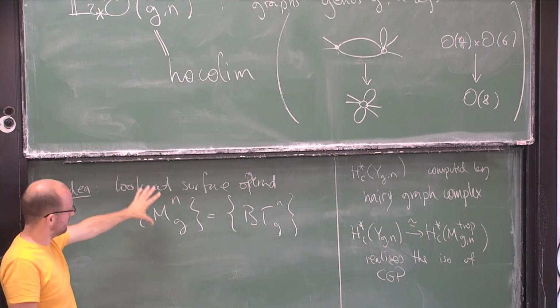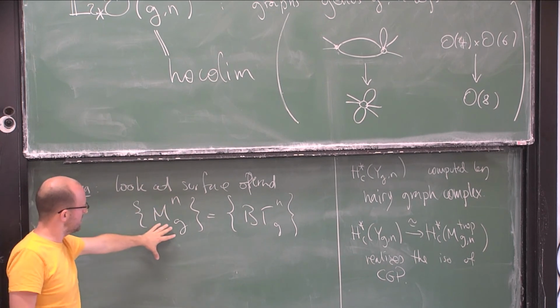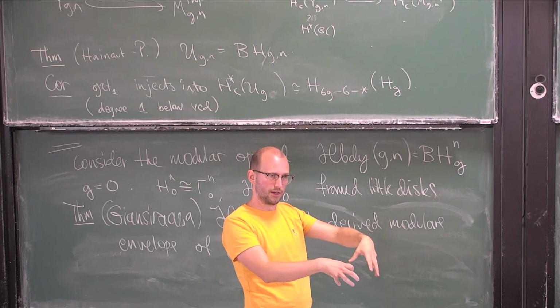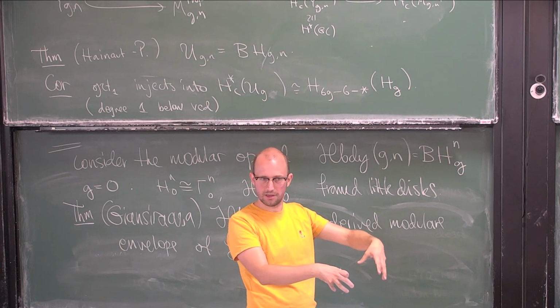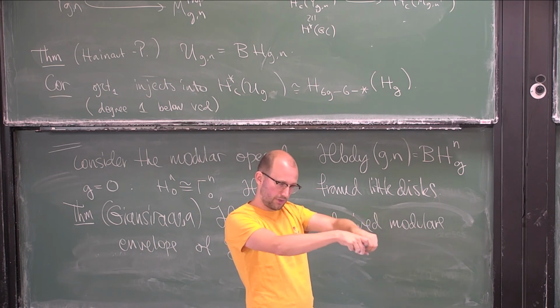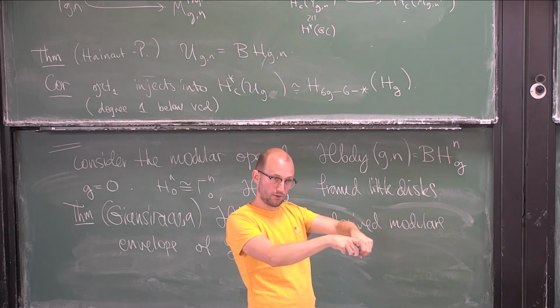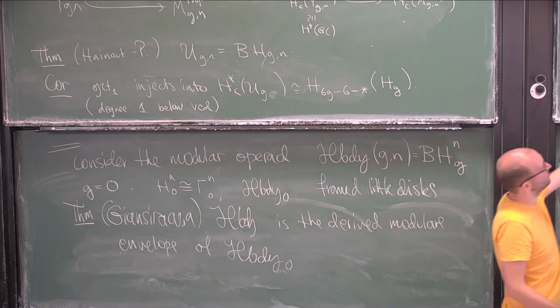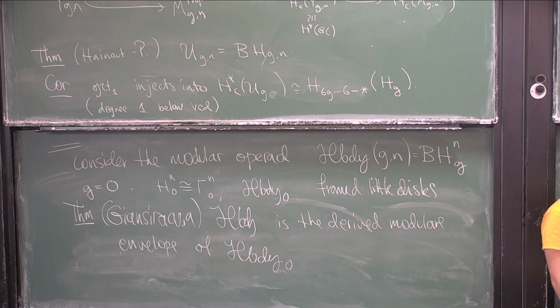Well, I get genus g hyperbolic surfaces with a very special property that they can be built out of genus 0 hyperbolic surfaces in such a way that when I glue them together from these genus 0 pieces, I only use short geodesics. That means that the image of this derived modular envelope map is this collection of open subspaces, U_g, that I just defined.